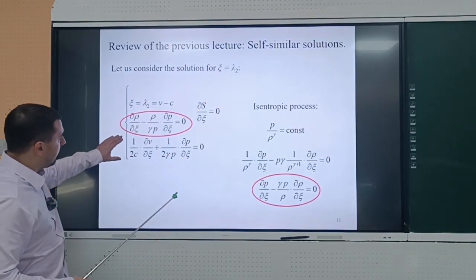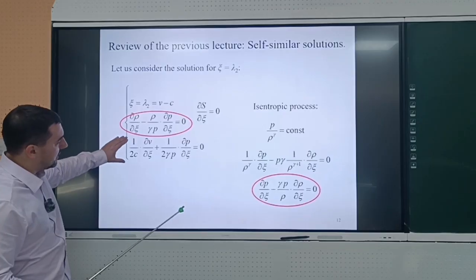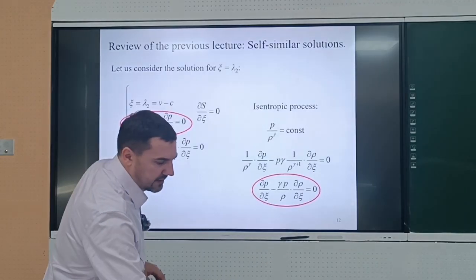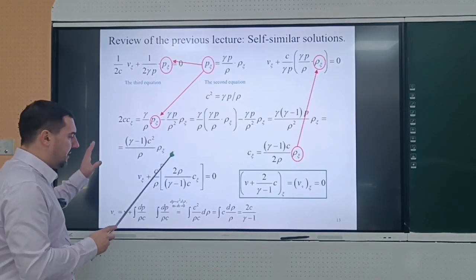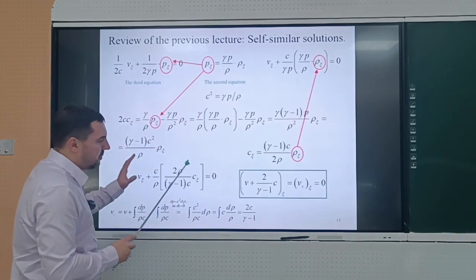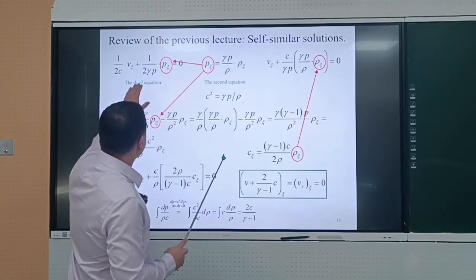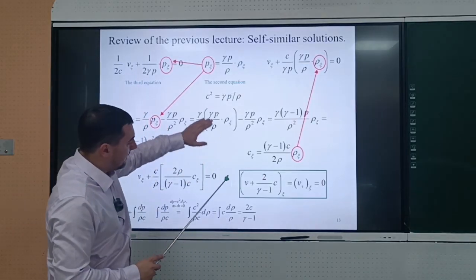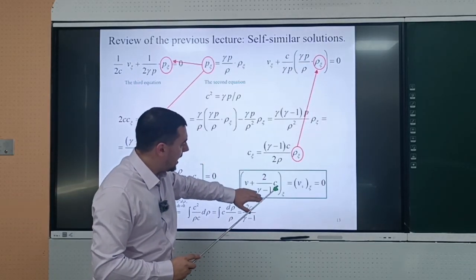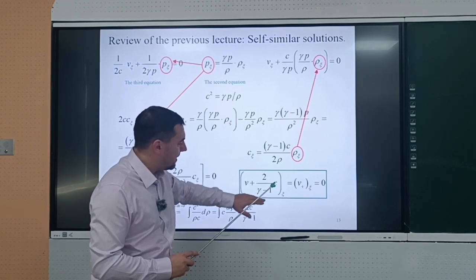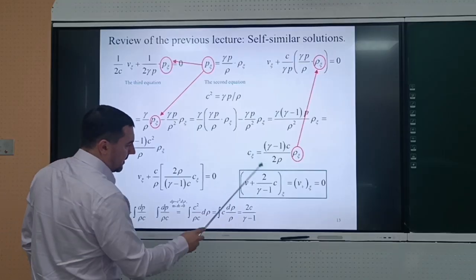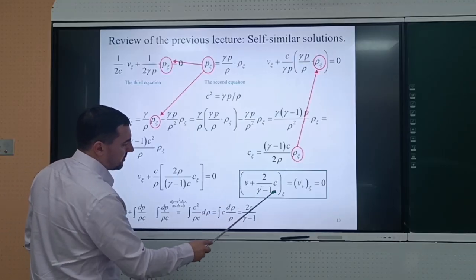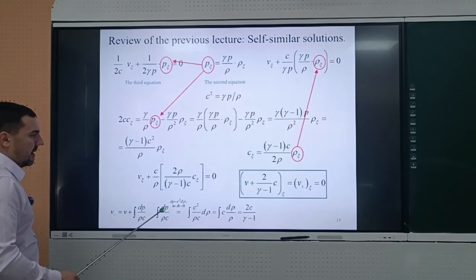And also we have the third expression. So it should equal 0. And after arithmetics, that is not so important, it's possible to show that this condition, the third equation, is equivalent to the derivative of v plus 2c over gamma minus 1, over xi, with respect to xi, equals 0.